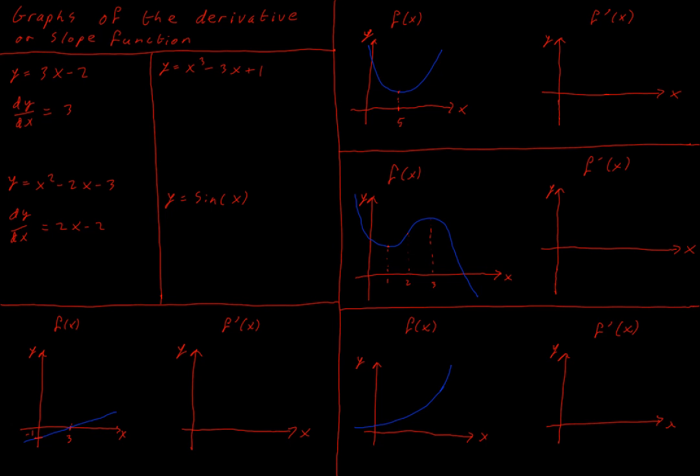Switching to our cubic. We have dy dx is equal to 3x squared minus 3. Where is that going to have its maximum and minimum points? Let's just find them and then see if we get the correct values. So we'd be looking for where that is equal to 0. So we would have 3 on x squared minus 1 is equal to 0. Divide both sides by 3.